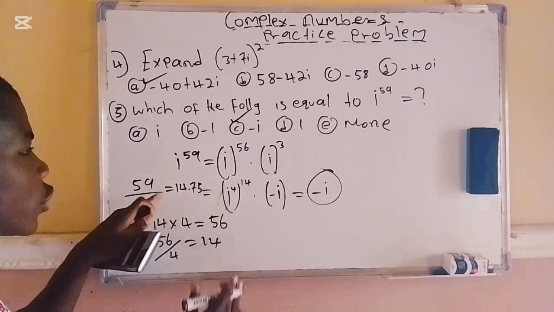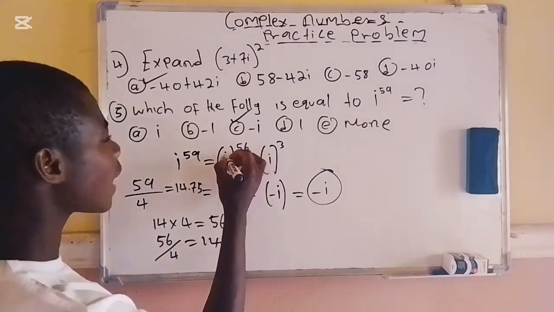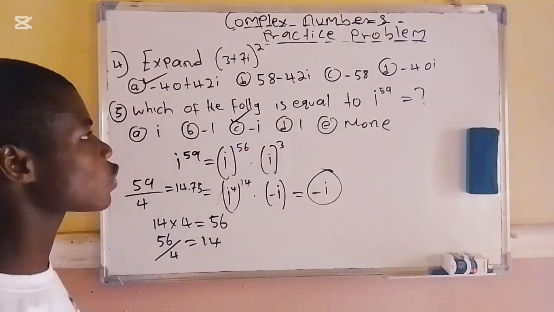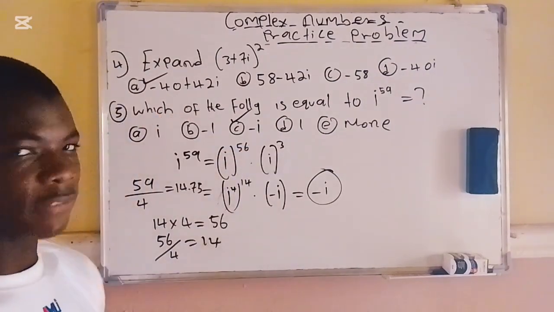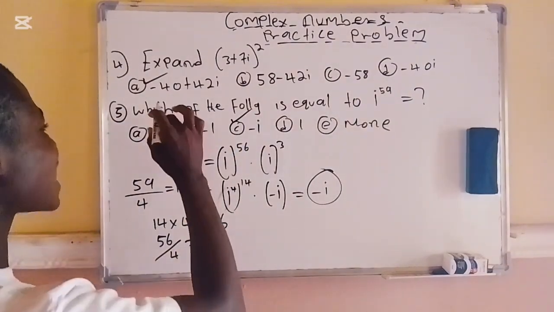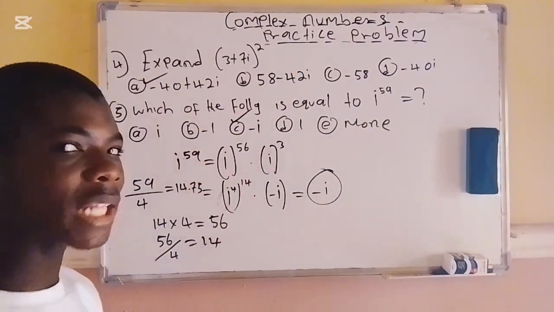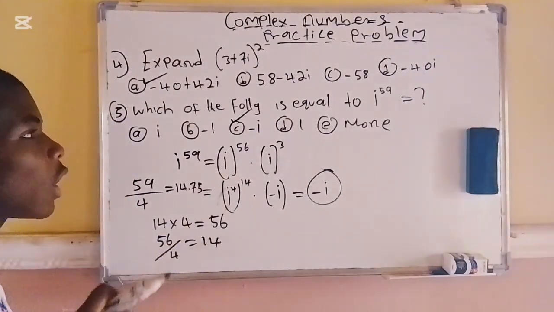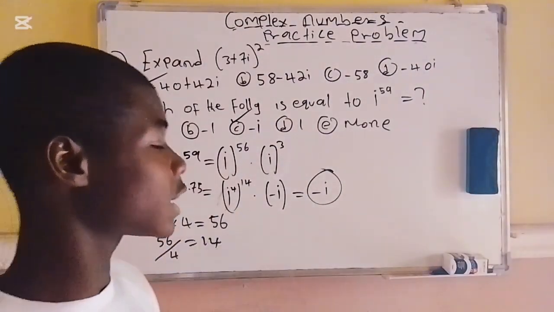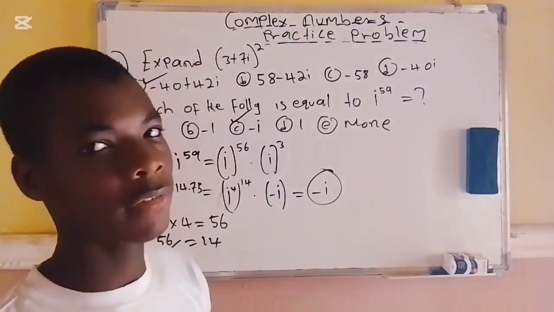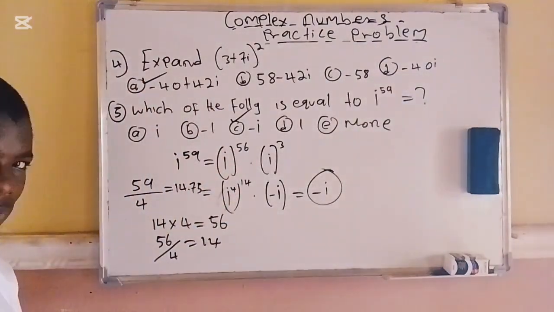The reason why I show you this is that i raised to the power of 56 is the same thing as positive i, but i raised to the power of 59 is not the same thing as i; it is the same thing as negative i. If this question comes in your CBT, first take a look at the power: is it even or odd?